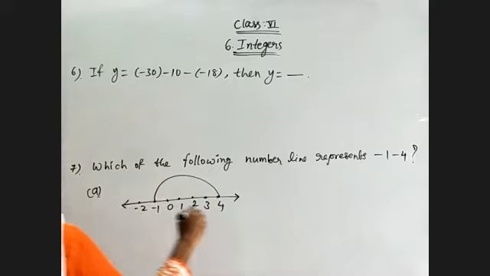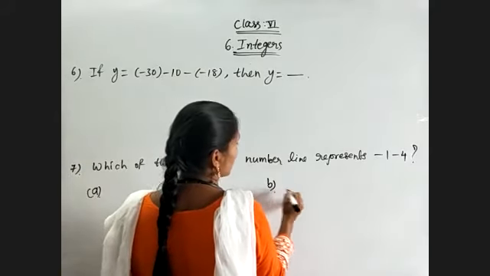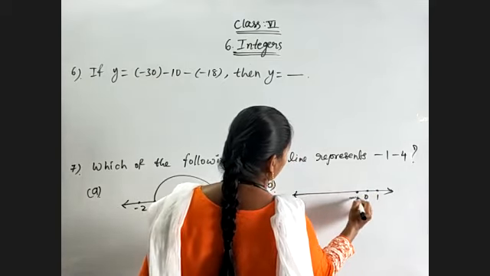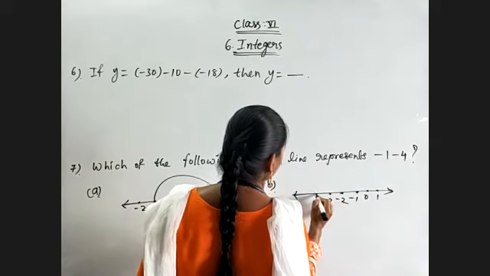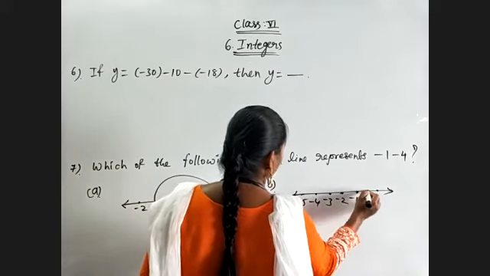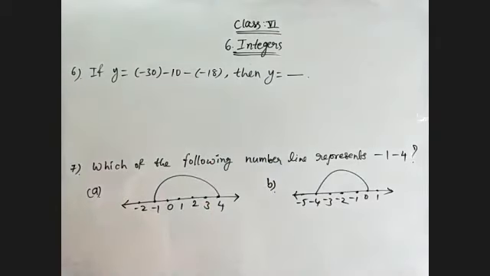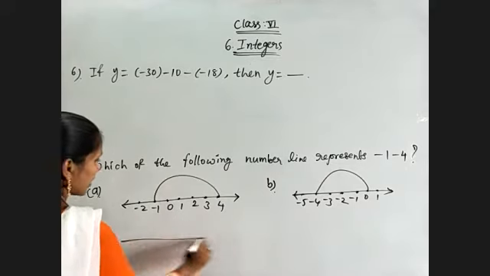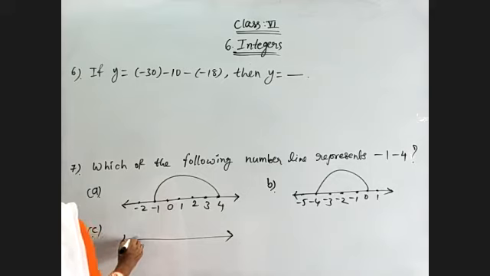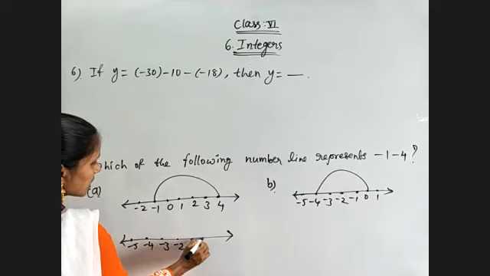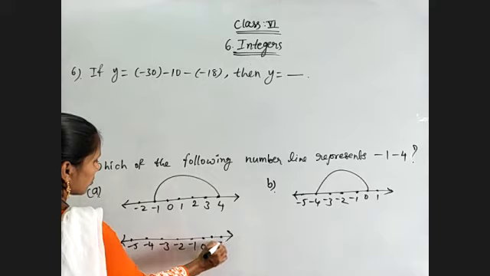And option B is 0, plus 1, minus 1, minus 2, minus 3, minus 4, minus 5. And they have indicated like this. And option C indicated minus 5, minus 4, minus 3, minus 2, minus 1, 0, and 1, 2.